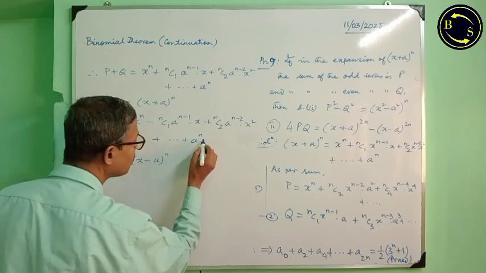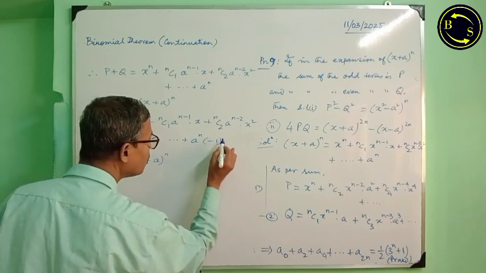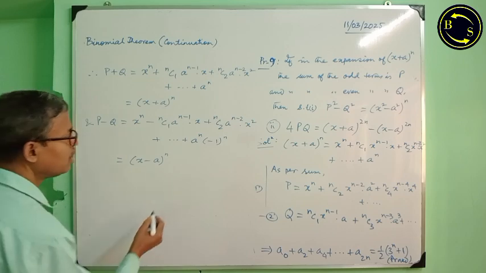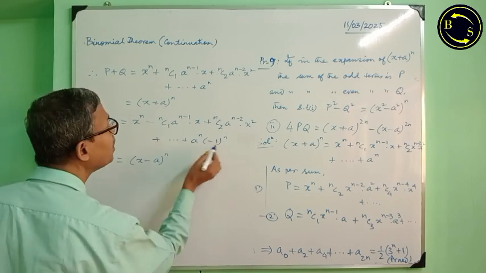Here better you can write minus 1 whole to the power n. Actually we don't know that, therefore finally it will be this.